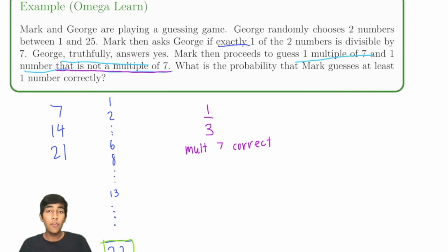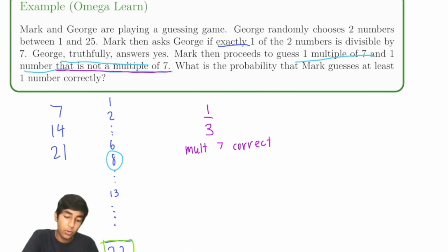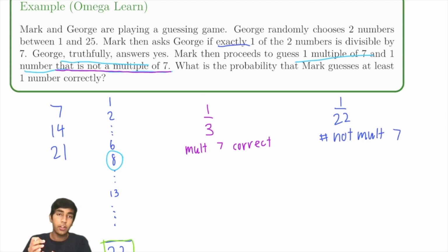If 22 of them are not divisible by 7, then let's say George picks something like 8. Now Mark will randomly guess one of these 22 numbers, and he's going to have a 1 in 22 chance of guessing the number. So number not a multiple of 7, 1 in 22 chance.